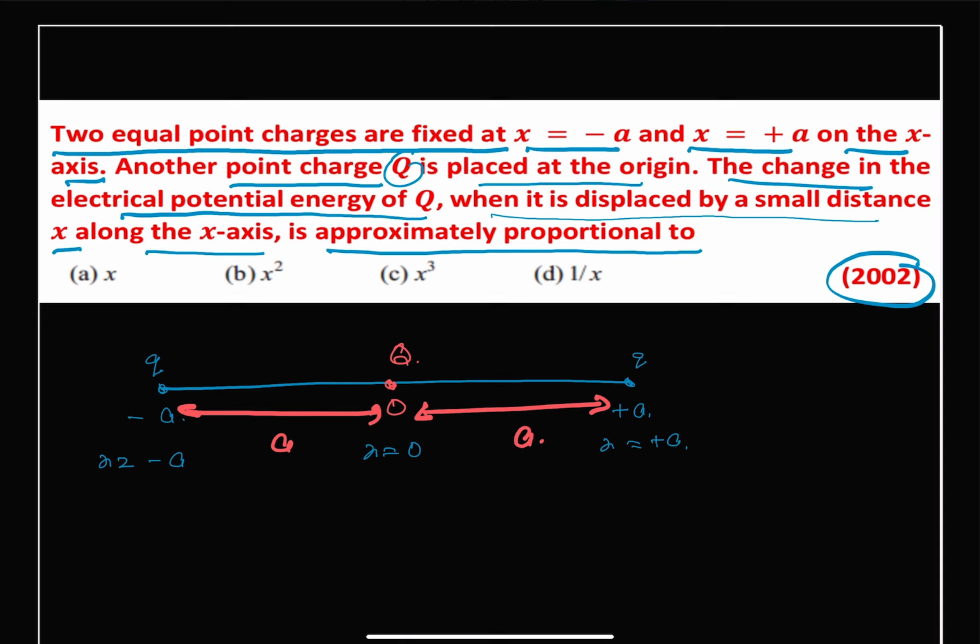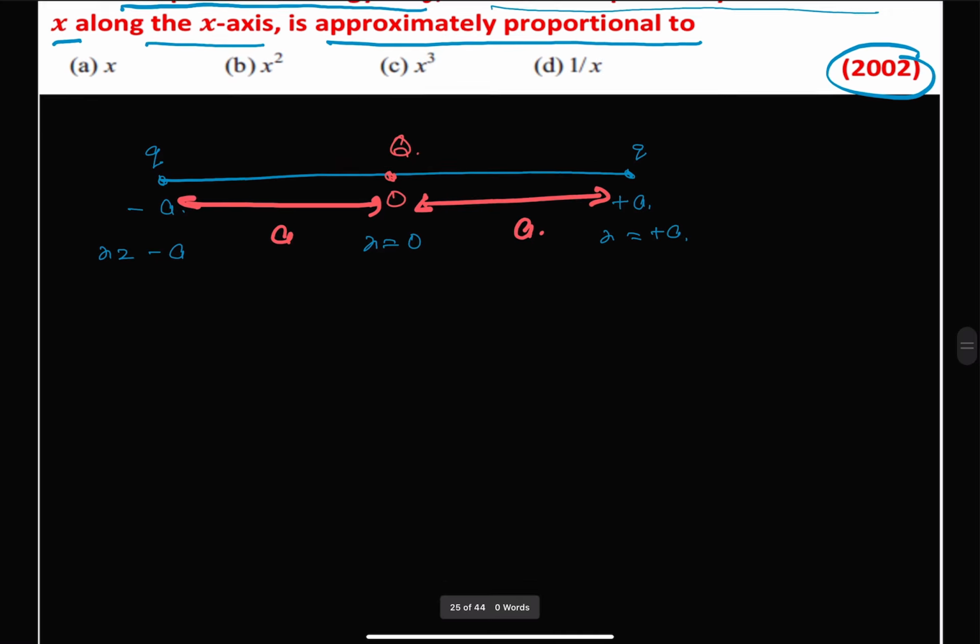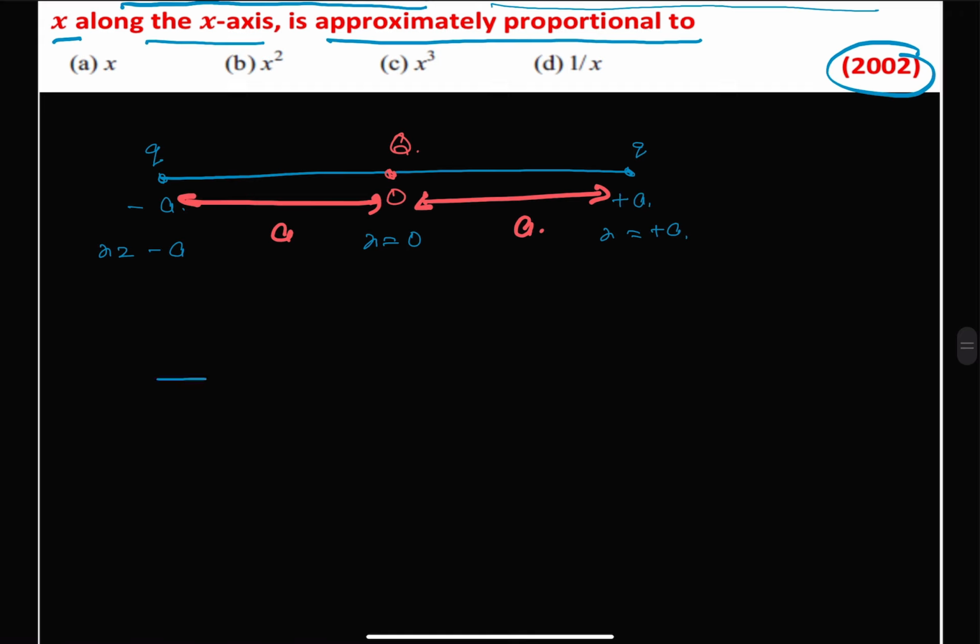Now it states that the point Q is displaced by a distance of x. So we can just redraw the figure, and the charge Q is still at x equal to minus A, and the other charge is still at x equal to A. But the new position of capital Q is displaced to the position x equal to x.